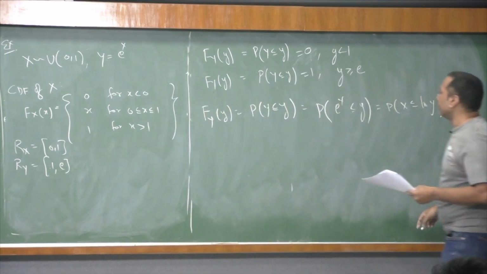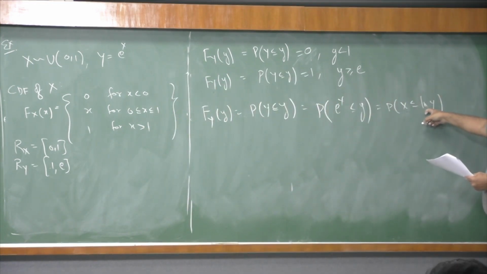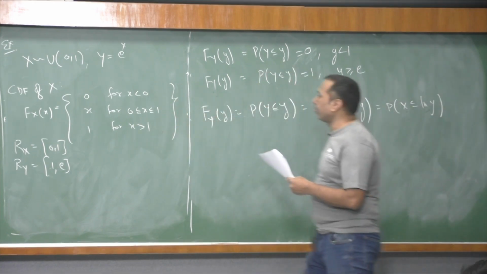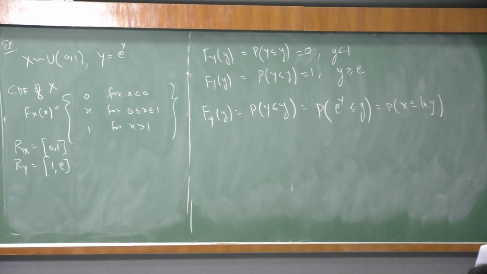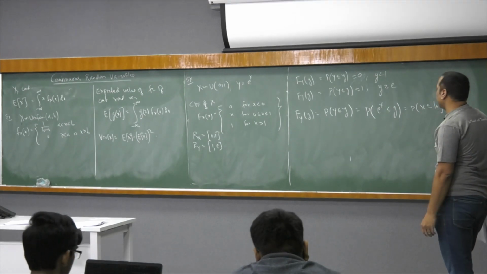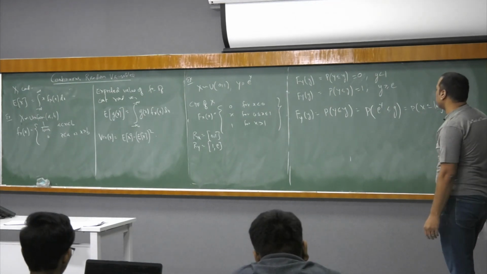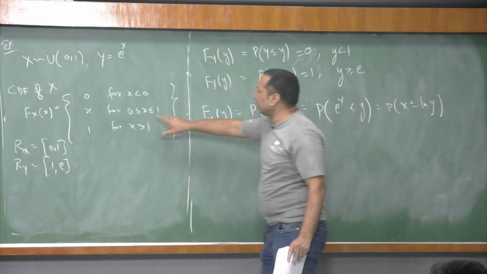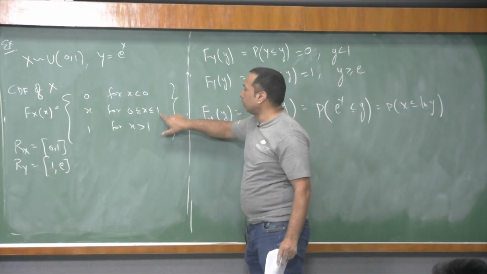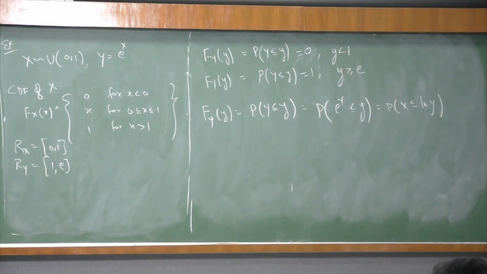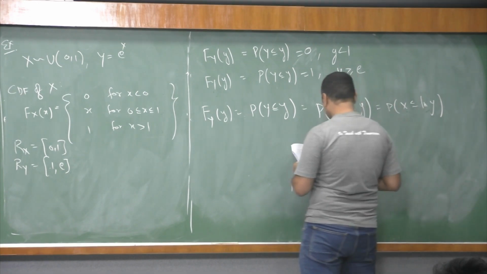So this is for ln y, so X lying up to ln y. Now it also depends on what ln y is. I have to figure out where it is, for y in 1 to e. So ln of 1 is 0, and ln of e is 1. So it seems like it fits directly in this case. ln y lies between 0 and 1, so it will be x, which in our case is ln y.